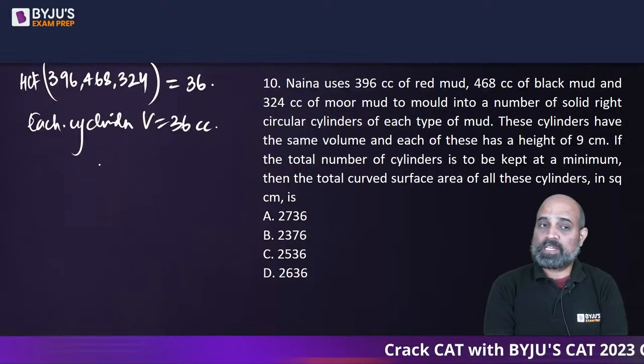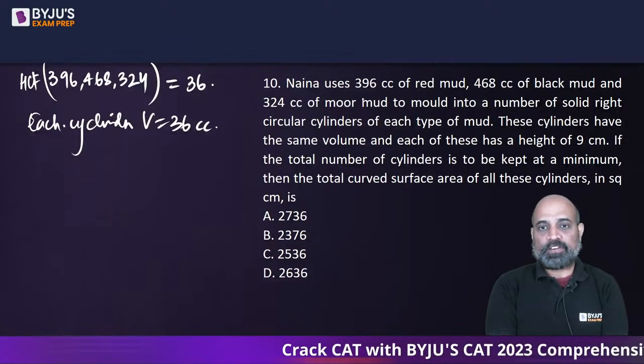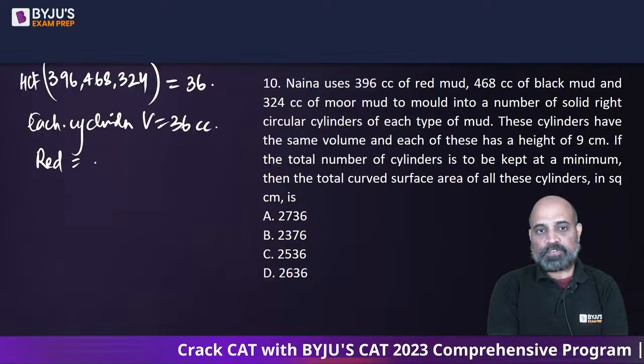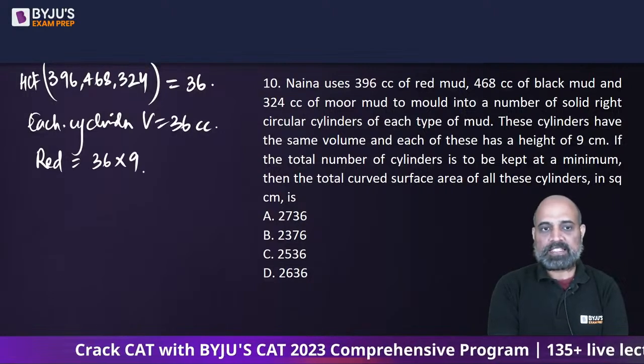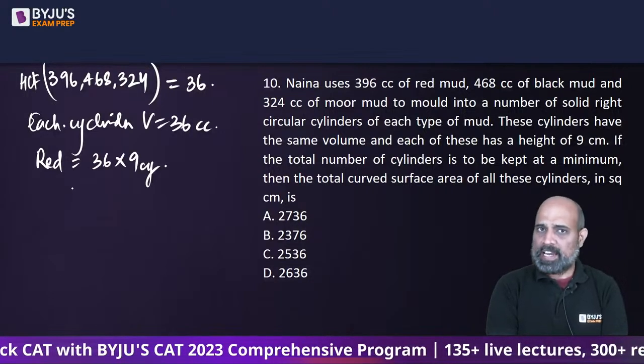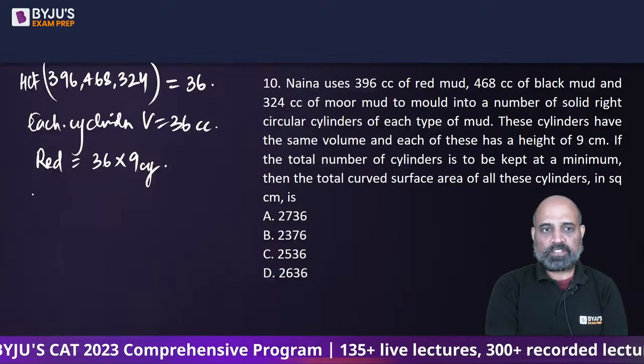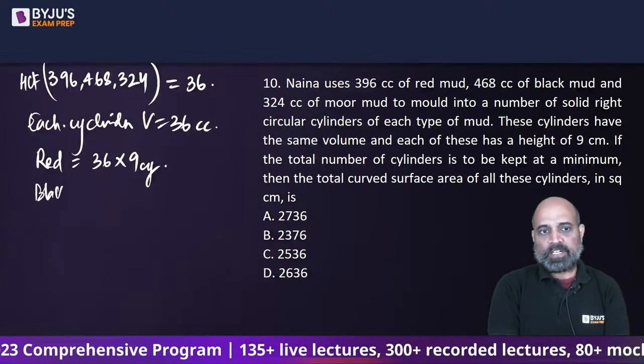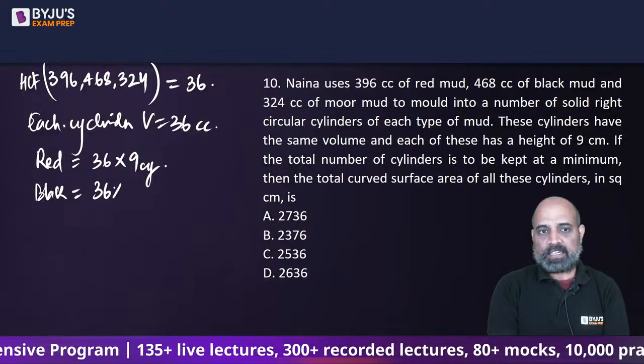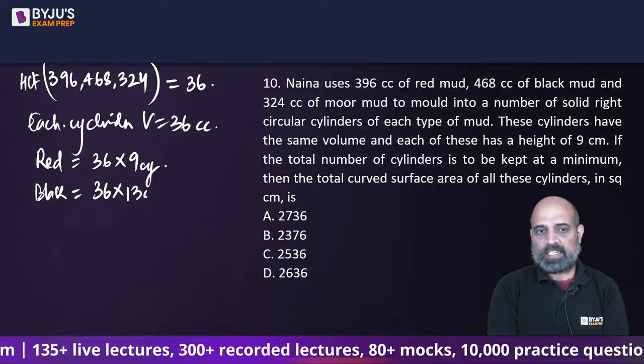Now 36 cubic centimeter का मतलब हो गया, when we have red colored cylinders, we will have 36 into 11, as in 11 such figures. When we talk about black mud, we are going to have 36 into 13 cylinders.